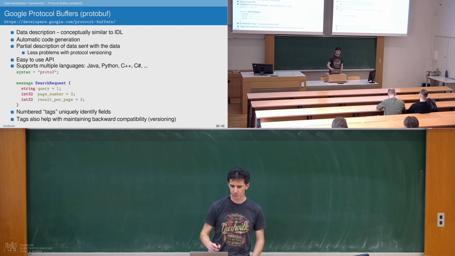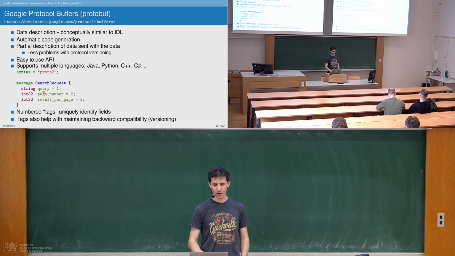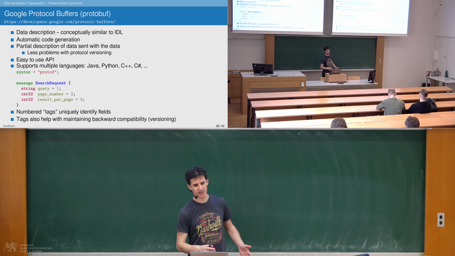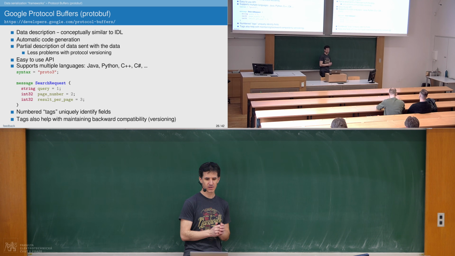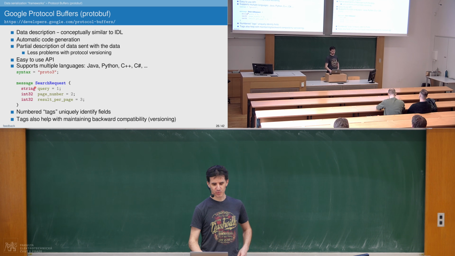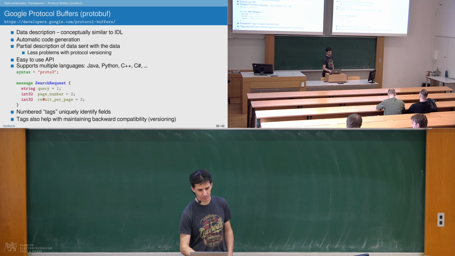Those tags are used to encode which kind of field is there. If you are sending the data in JSON, you always put the name of the field in the JSON, like query, and it's a string, and here it would be, I don't know, 10 or 12 bytes, or however long that is.